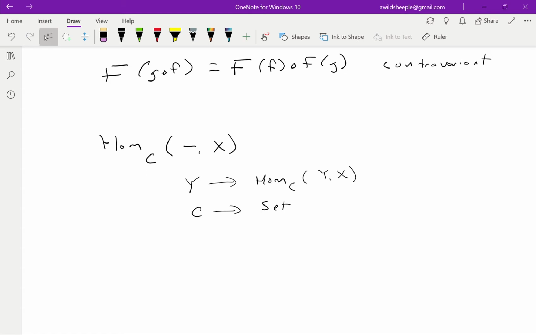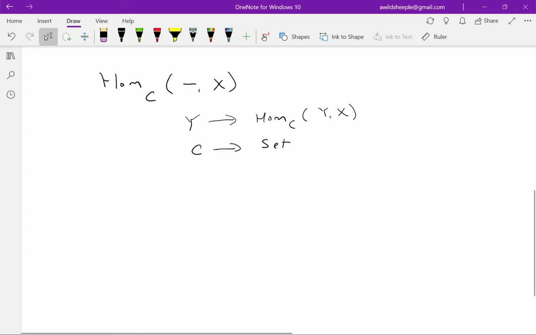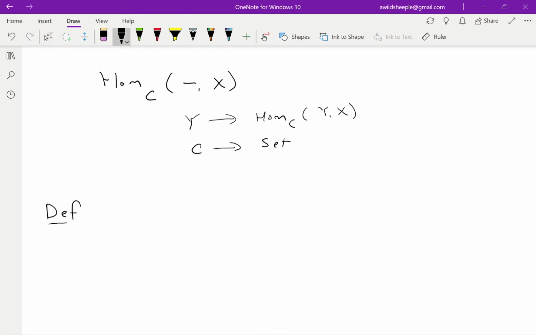Okay, with this definition made, we can say what an isomorphism of categories is. So we'll do that. We'll call a functor F from C to D an isomorphism of categories.